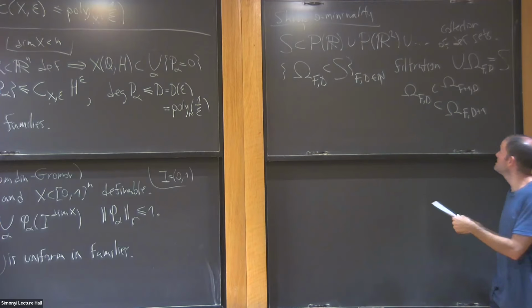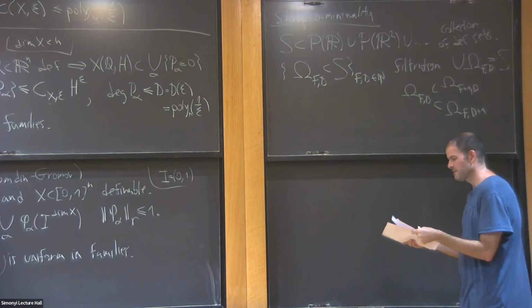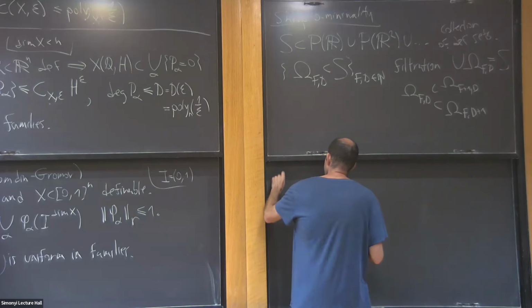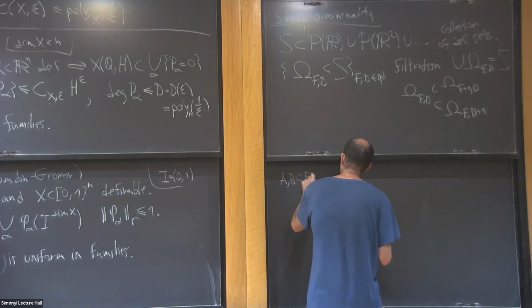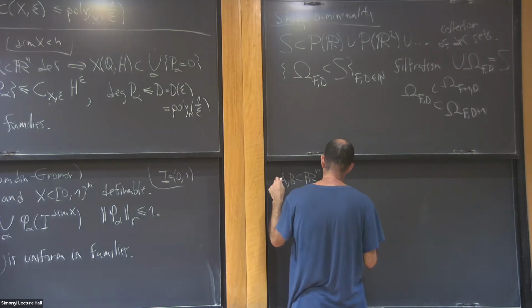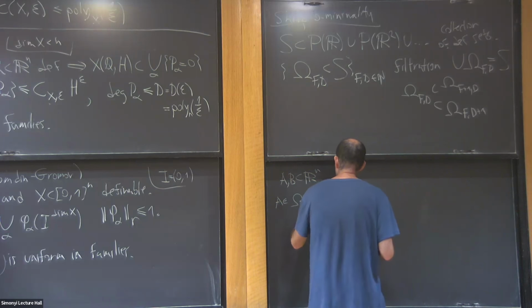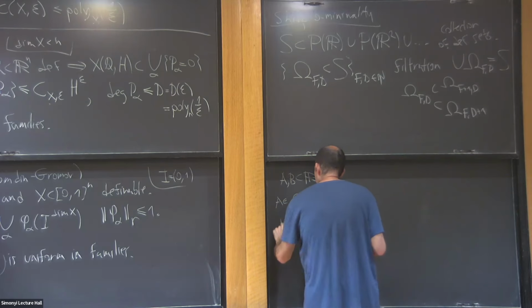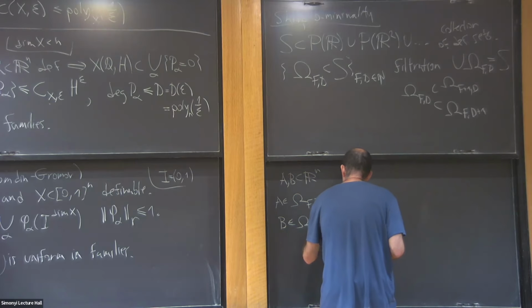Let me just tell you the whole point of this formalism is that you can make it precise. So let's say I have A and B in R^n, and A is in Omega_{f,d_A}, and B is in Omega_{f,d_B}.